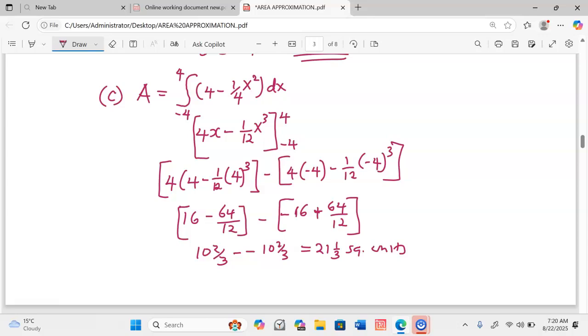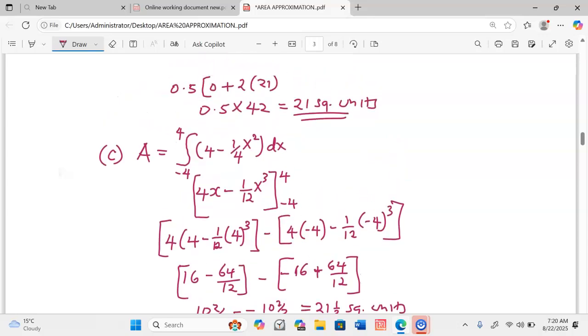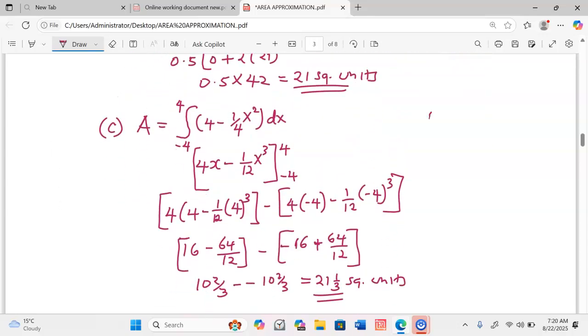Once we have gotten that, again, we have answered that particular part very well.